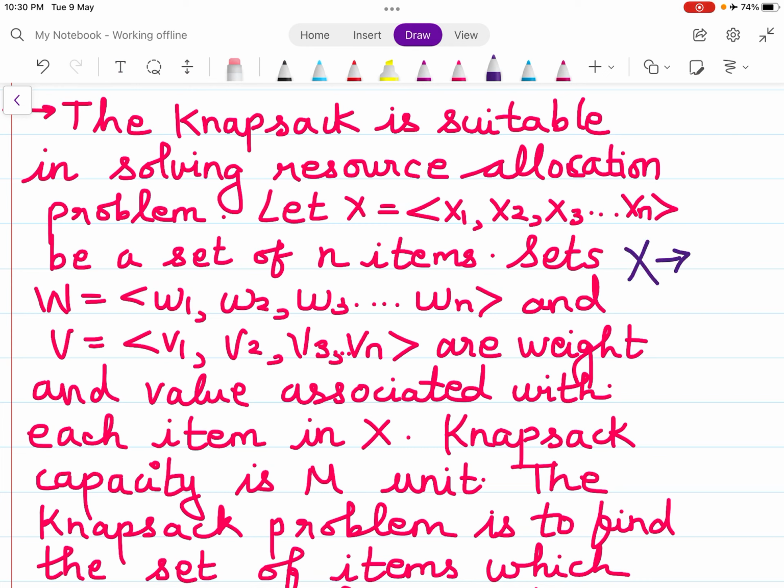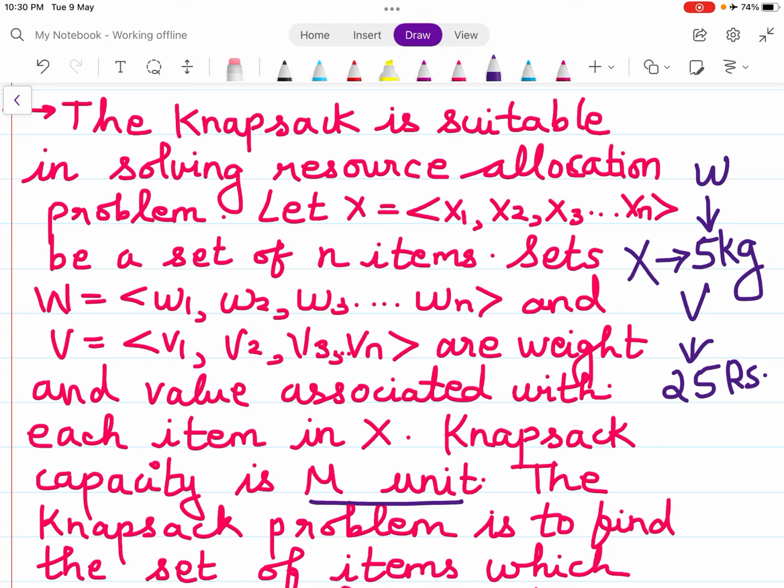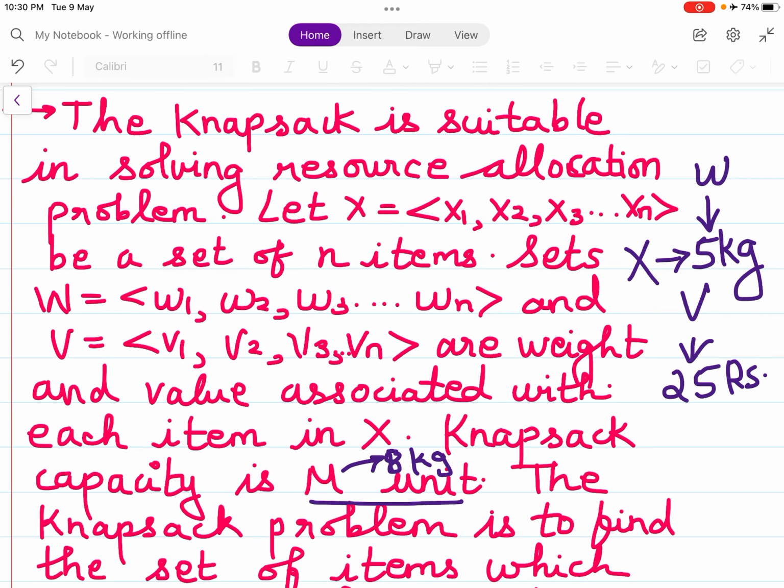Weight associated to that item is 5 kg and profit, that is V, this is W, and V associated, I said it is 25 rupees. Knapsack capacity is m units. So I said knapsack capacity, I want it as 8 kg. So 8 kgs is that m unit.